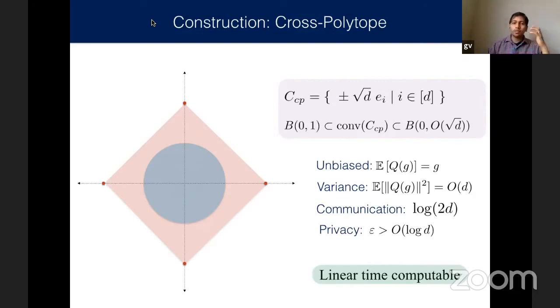This directly gives you an unbiased estimate with a variance of about D, and the communication is log D. However, the scheme, as we can show very easily, also achieves privacy. However, the privacy parameter is not the best that we can do. We can improve on these things.